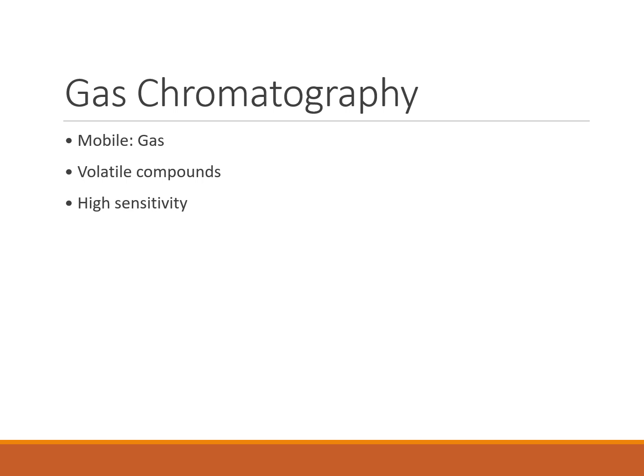Now we will discuss gas chromatography. In gas chromatography, the mobile phase is an inert gas such as helium or nitrogen. Gas chromatography is used to analyze volatile compounds. So it offers high sensitivity and accurate results.